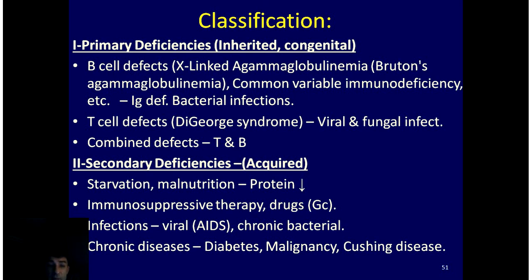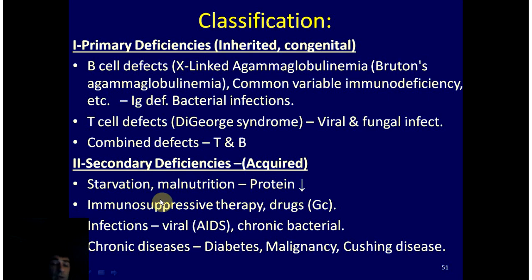Prototypical for T cells is DiGeorge syndrome, while for B cells it is usually Bruton's agammaglobulinemia. Or we might have combined defects, with both T and B systems affected. On the next slide we'll see where the usual molecular defect is in each of them.